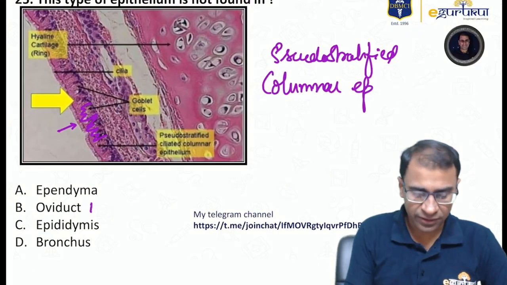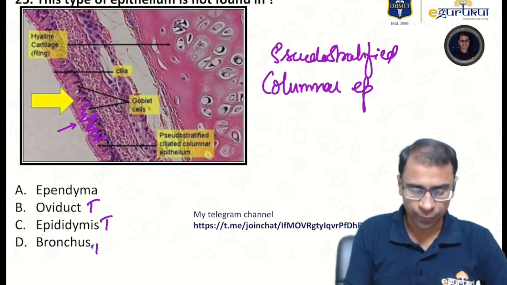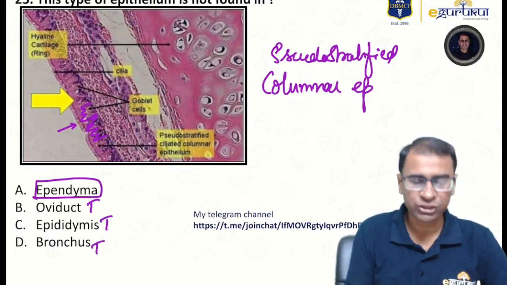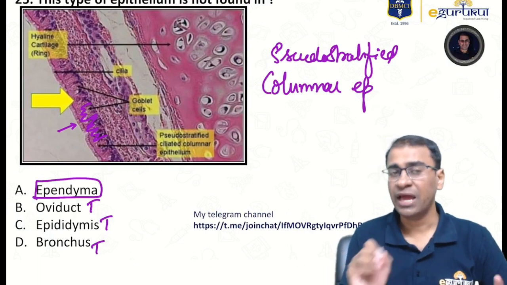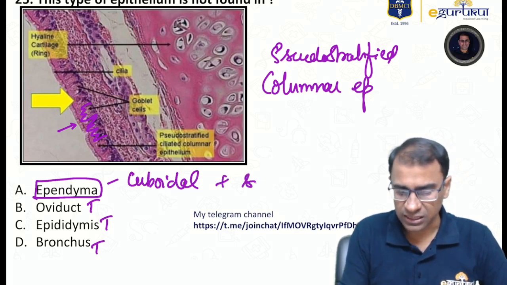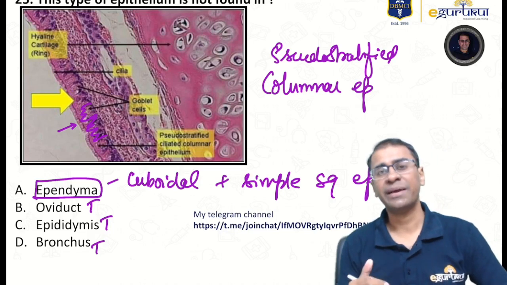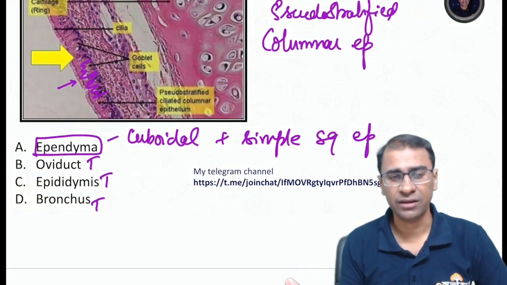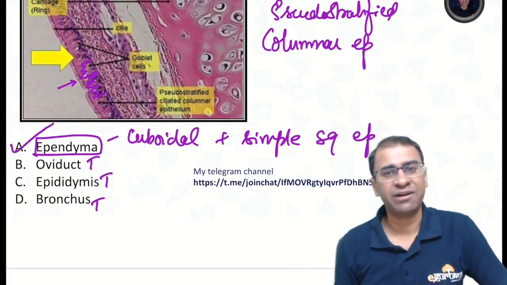Well, it is seen in oviduct, yes, epididymis, yes, bronchus, yes, but ependyma shows a simple squamous epithelium and at times is lined by stratified cuboidal epithelium. Cuboidal plus a simple squamous epithelium, both of them make the ependymal lining. So the answer is definitely A.